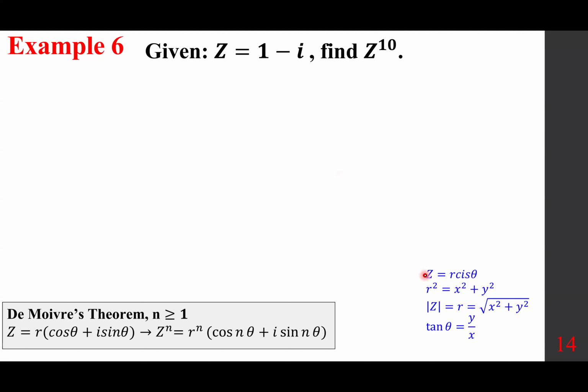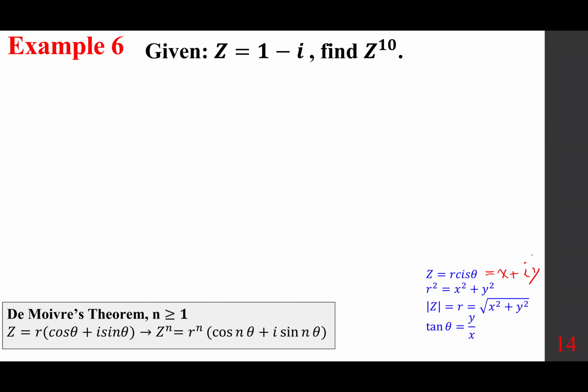Therefore, we need to find the r and theta. To do so, the modulus or magnitude r is the square root of x squared plus y squared. Please understand x is 1, y is negative 1. In essence, you have this format.